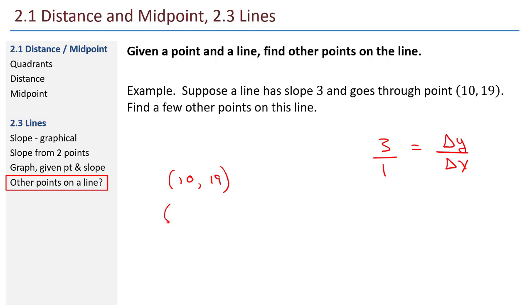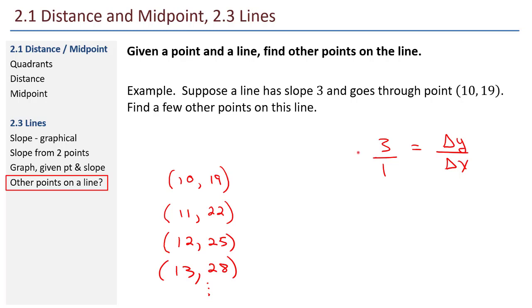So even without a graph, just looking at these numbers, I can make my x increase by 1, so it goes from 10 up to 11, and the corresponding y will increase by 3, so 19 up to 22. So there's another point on that line. I can make my x increase by 1 up to 12, and my y will increase by 3 up to 25. X increases by 1, y increases by 3, 28, and so on.